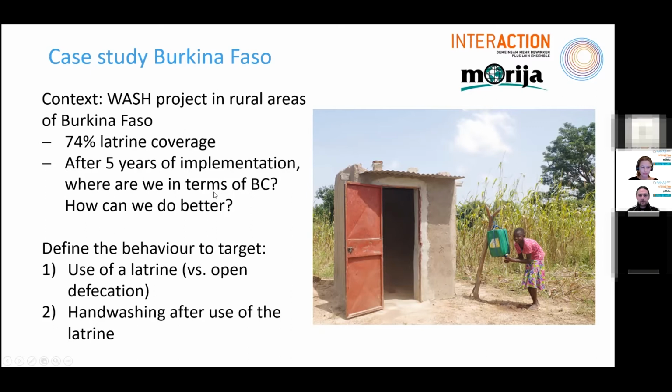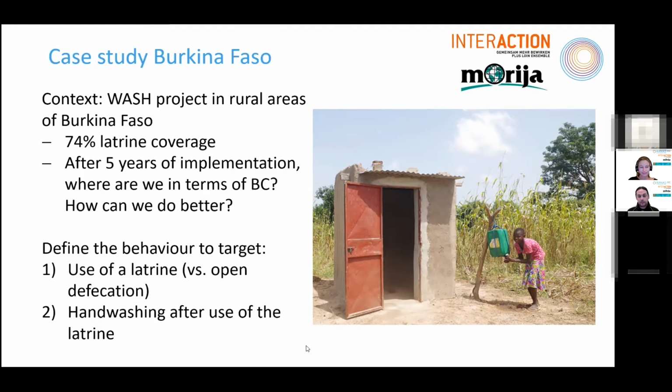But it was more the use of the latrine that was one key question, and how people would have more ownership and actually use the latrine instead of using it for storing material or whatever, as I saw sometimes in the field.